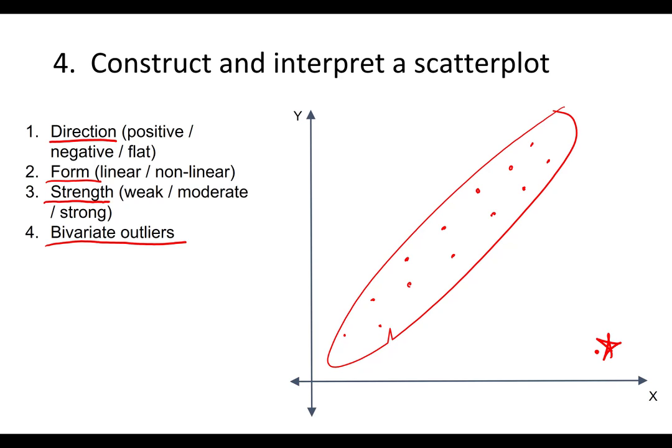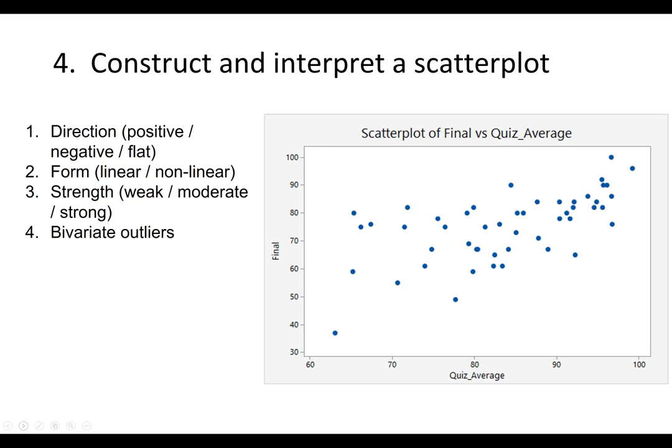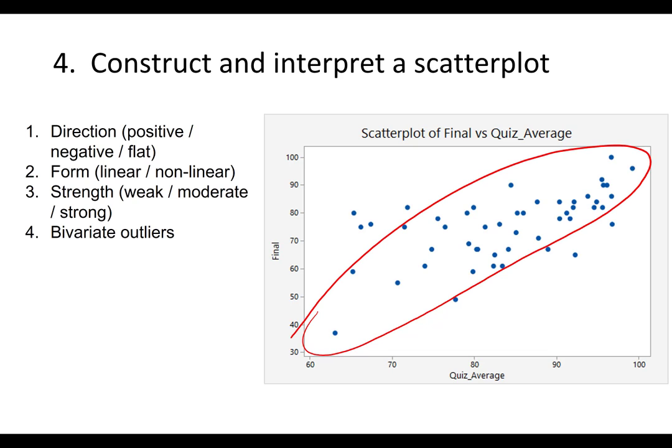Let's walk through one example of interpreting a scatterplot using the plot that we made in Minitab Express with quiz averages and final exam scores. The direction of the relationship here is going from bottom left to upper right. So this is a positive relationship.